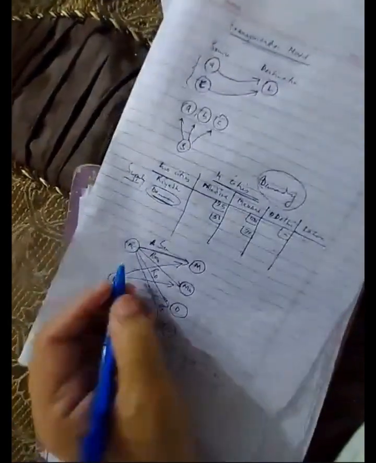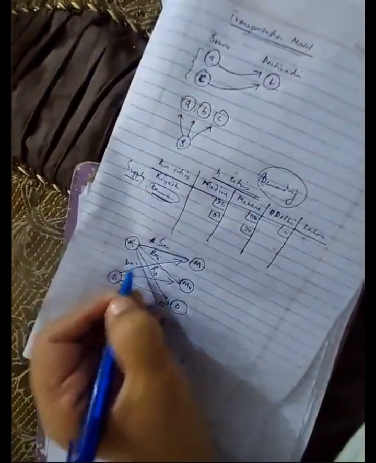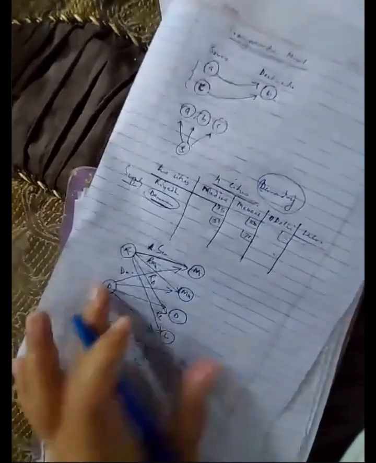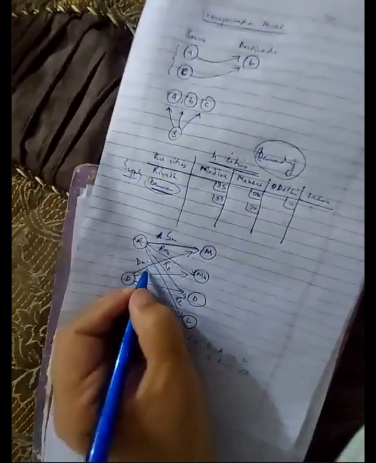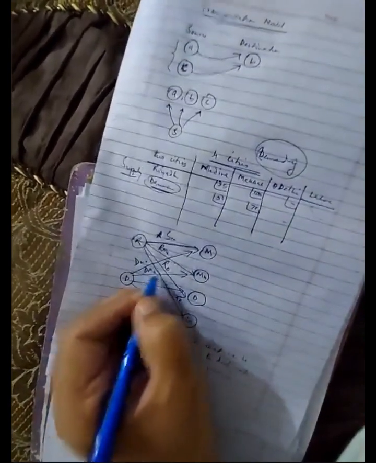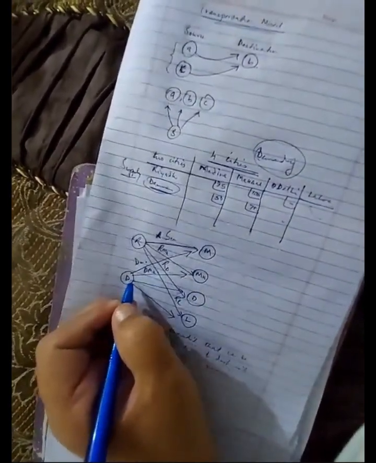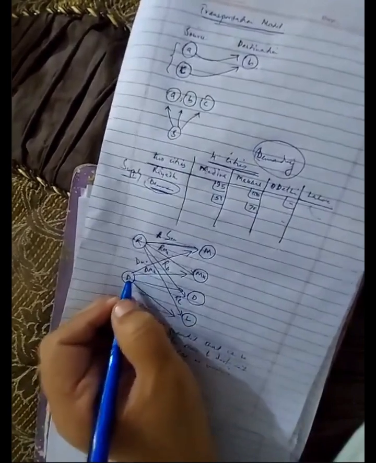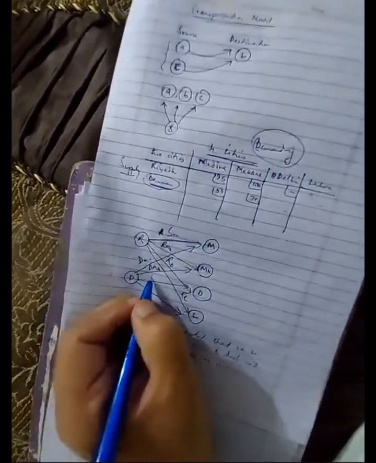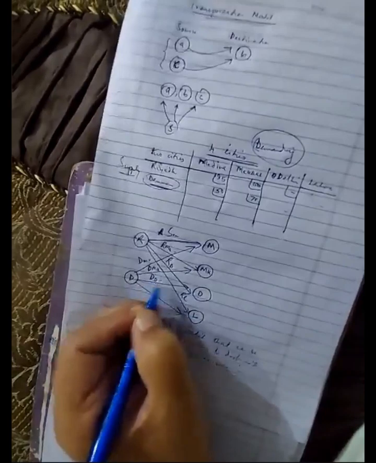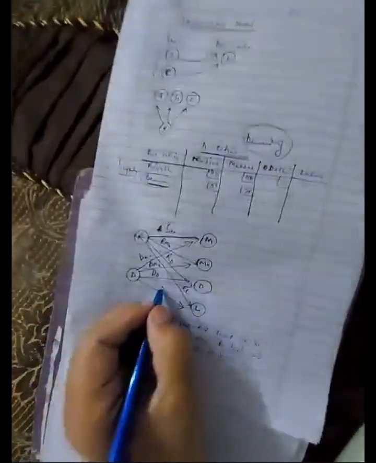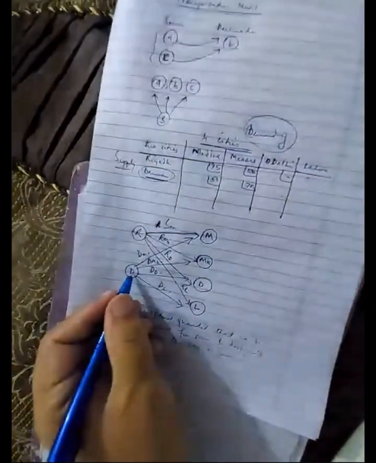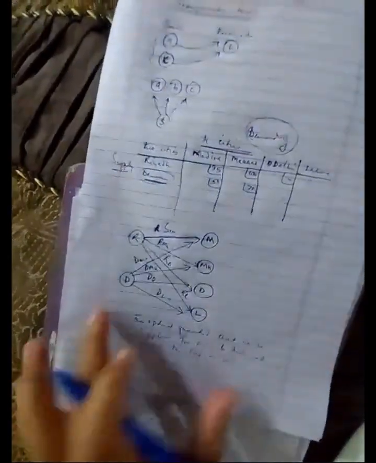Now DM is the quantity that is supplied from Dammam to Medina, DMK is the quantity supplied from Dammam to Makkah, DD is the quantity supplied from Dammam to Delhi, and DL is the quantity supplied from Dammam to Lahore.